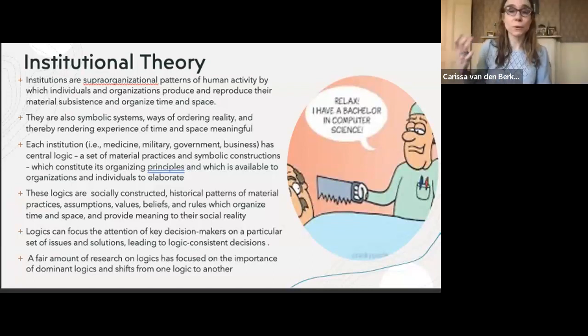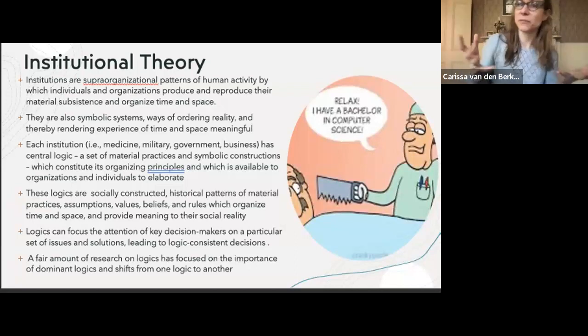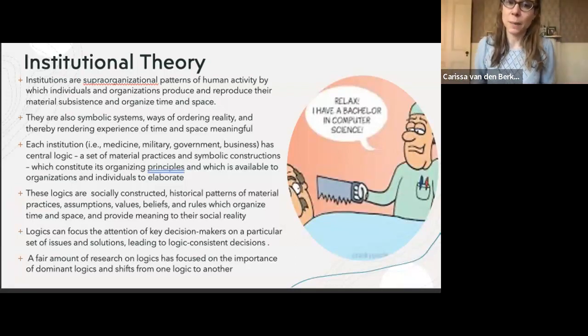They have different ways of ordering reality. And this renders a different experience of time and space and what is meaningful and what's important. This is why it is often very difficult to figure out how to create very effective interprofessional teams.